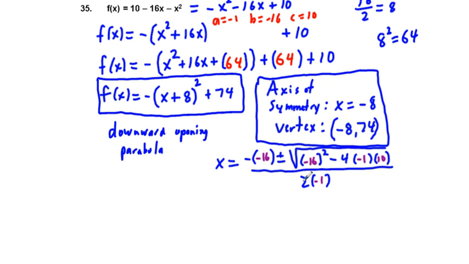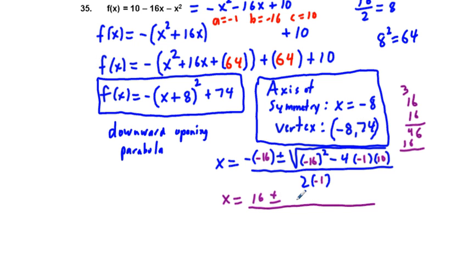Negative 16 squared, I don't exactly recall what that is right now, so 36, okay, 9, 16, so we have 256.